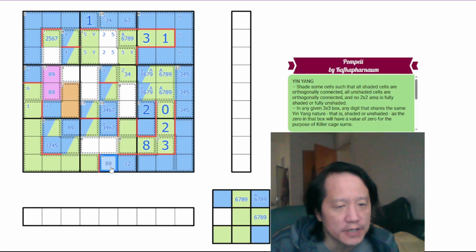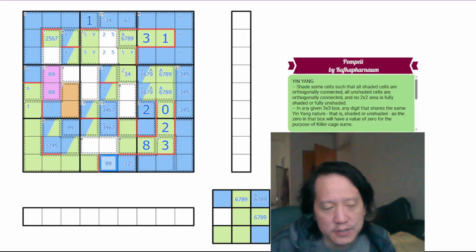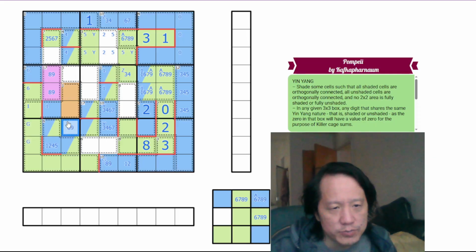Where is this 8-9 in this cage? Cannot be here because of the 8-9 pair in the box. Can't be here. So this 8-9 has to be the 8-9 that's here. So we'll mark this as, I don't know, G. G has to be one of those two, which means this must be the other one.